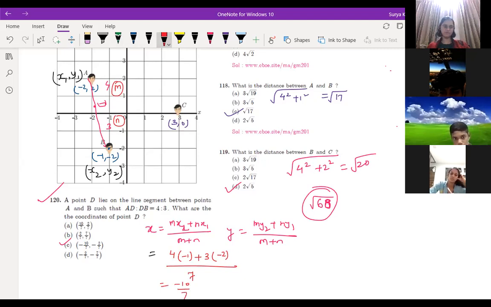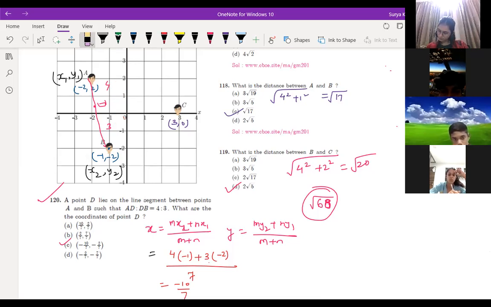Minus 10 by 7 only is coming, right, Praharshan? 4 into minus 2 and 3 into minus 1. The answer is 6 and 4, 10 only, right? Sir, minus 8 minus 3 is minus 11, right? If you switch it up, 4 into minus 2 is minus 8, 3 into minus 1 is minus 3, minus 8 minus 3 is minus 11.